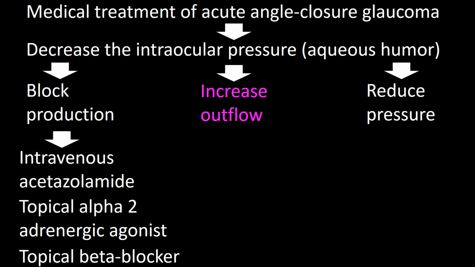Drugs that increase aqueous humor outflow are of two types: cholinomimetics. Cholinomimetics increase outflow via contraction of the ciliary muscle and opening of the trabecular meshwork. The adverse effects of cholinomimetics are miosis due to pupillary sphincter contraction and cyclospasm due to ciliary muscle contraction.